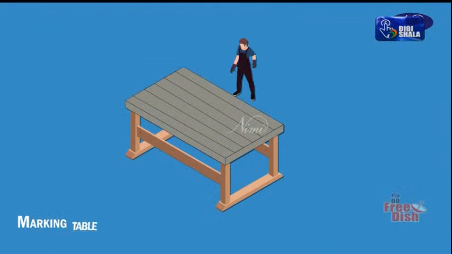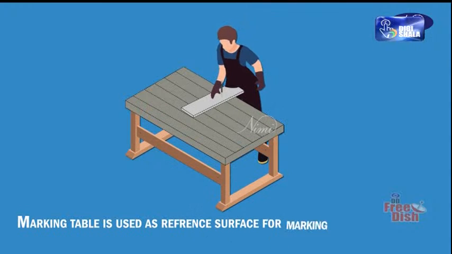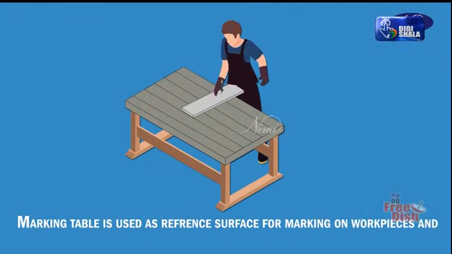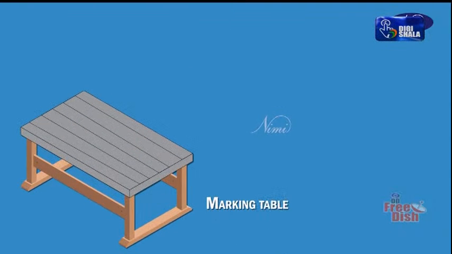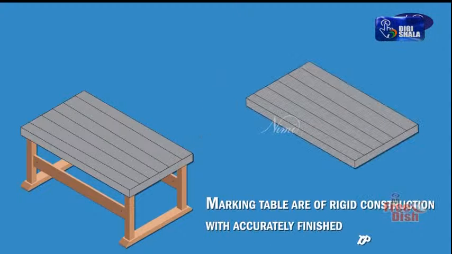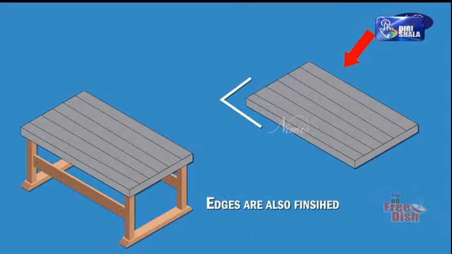A marking table is used as a reference surface for marking on workpieces and it is very precise equipment. Marking tables are of rigid construction with accurately finished top surfaces. The edges are also finished at right angles to the top surface.